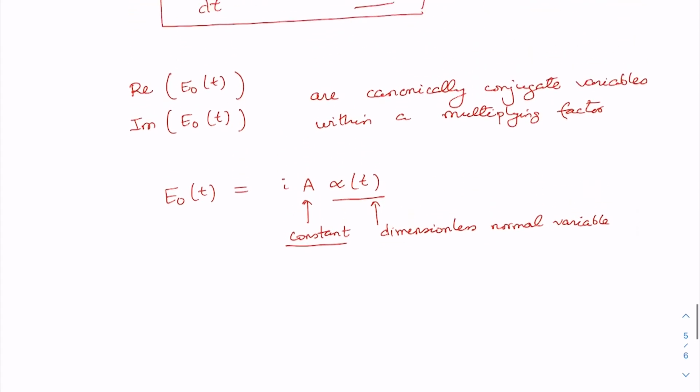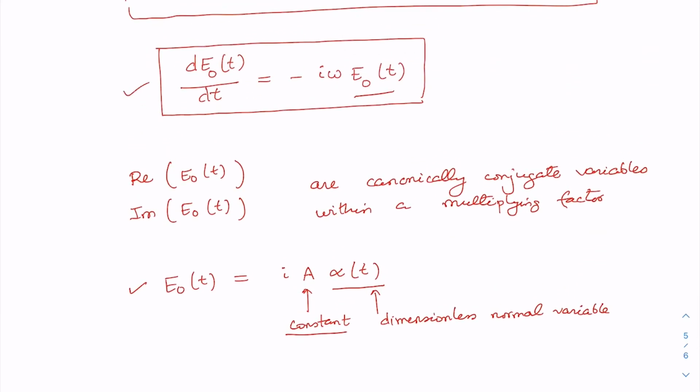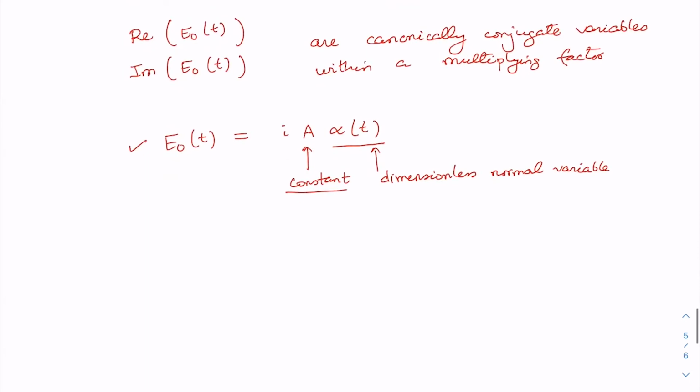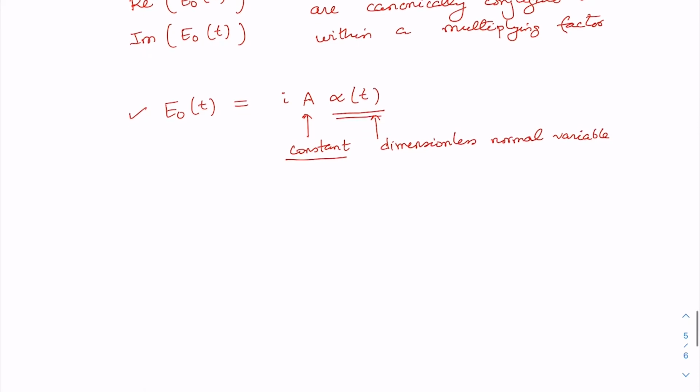Now clearly, because E0(t) satisfies these equations, automatically alpha of t, this dimensionless normal variable, also satisfies the equation d alpha/dt is equal to minus i omega alpha of t.